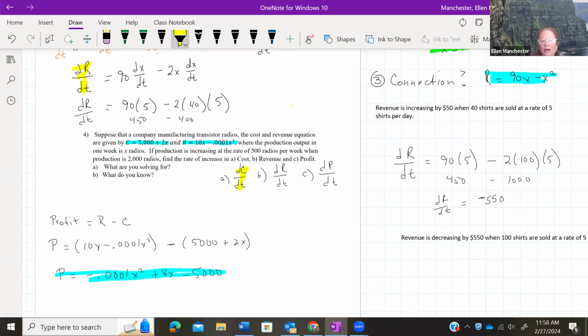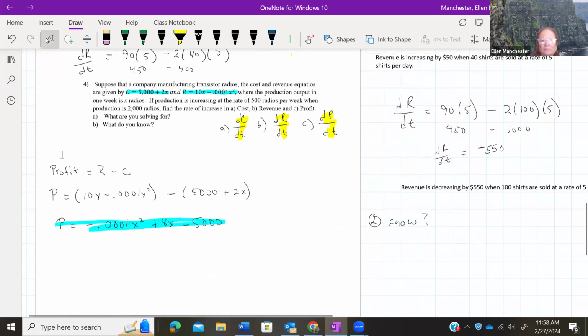We're looking for how the cost is changing, how the revenue is changing, and how the profit is changing. And then, what do we know? We're going to use the same information for all 3 of these. So that information is not going to change on us.